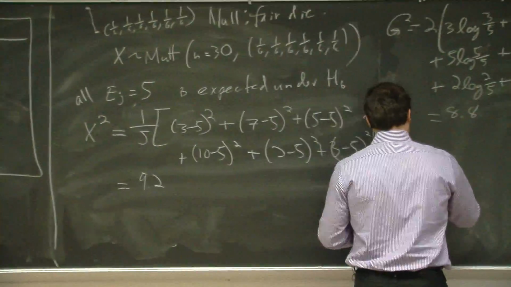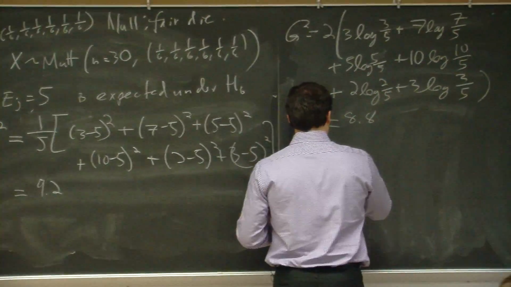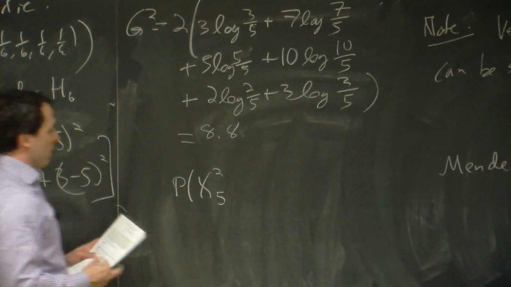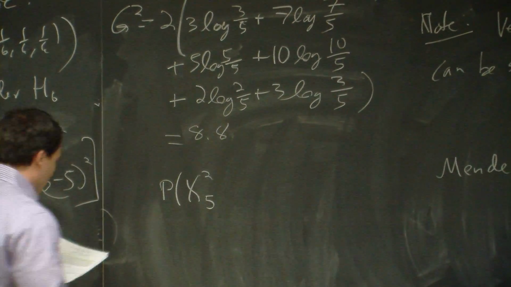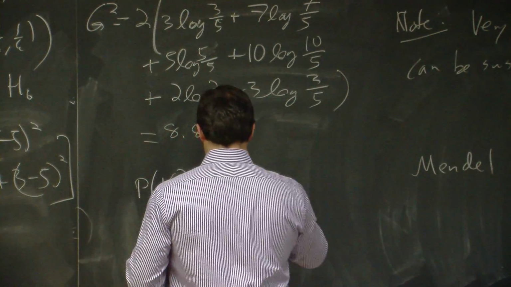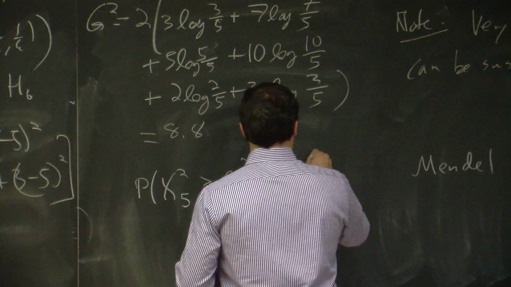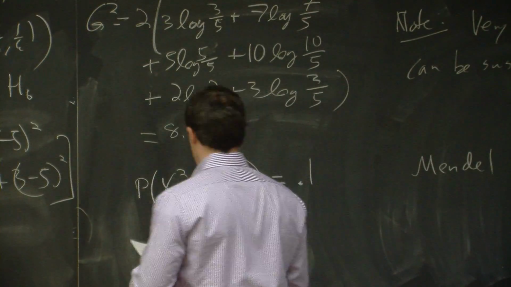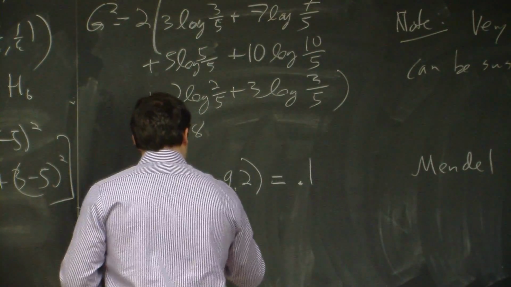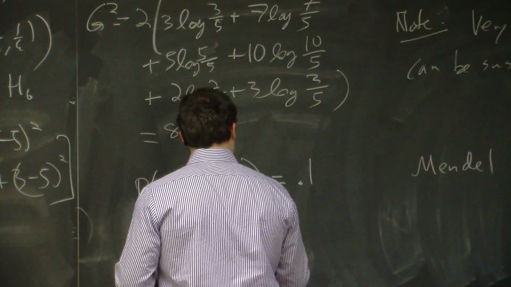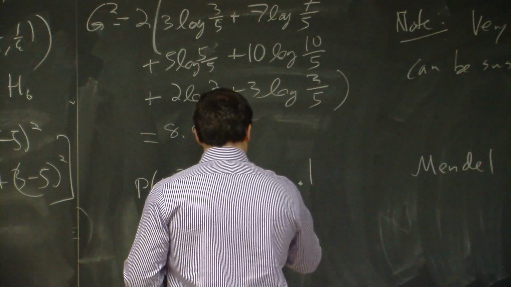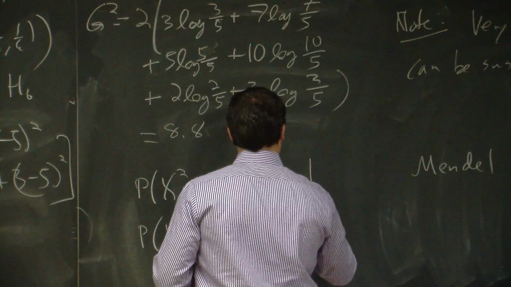Then we have to compare it against the probability that a chi-squared variable with 5 degrees of freedom is greater than or equal to 9.2, and that's just 0.1. And the probability that a chi-squared variable is greater than or equal to 8.8 is more than that, 0.12.